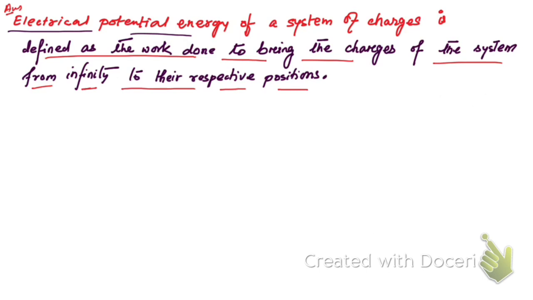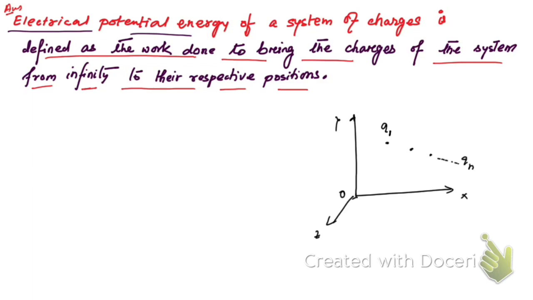Now let us try to obtain an expression. Suppose we have a system, so let me consider this coordinate system here first. So this is x, y, and z, and this is the origin. First we want to find the energy of this system of charges.